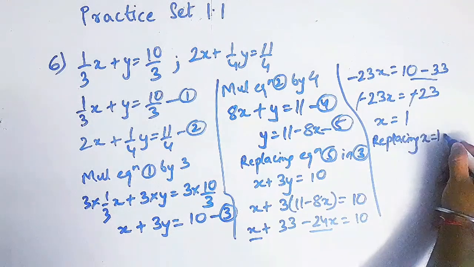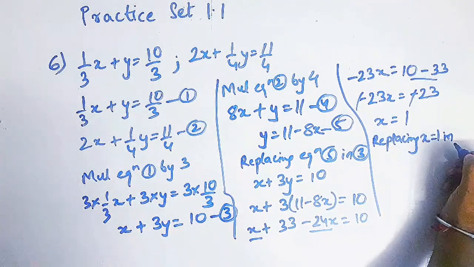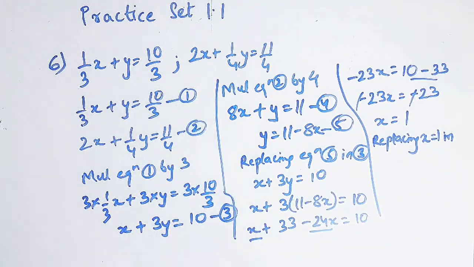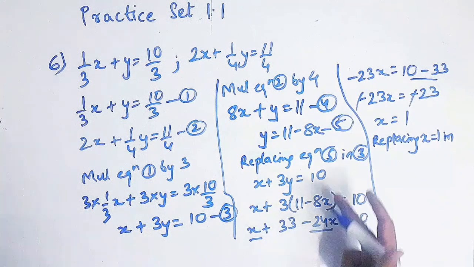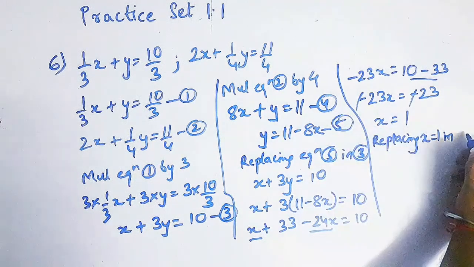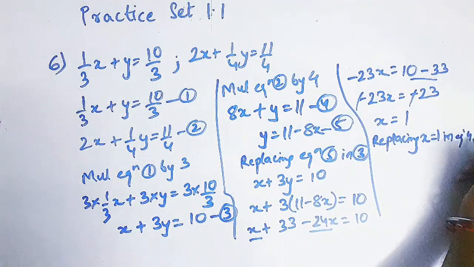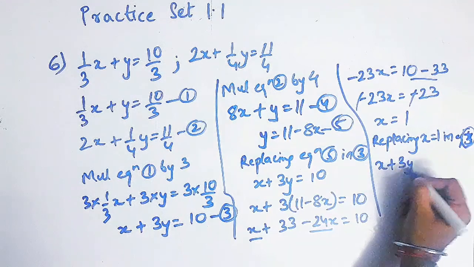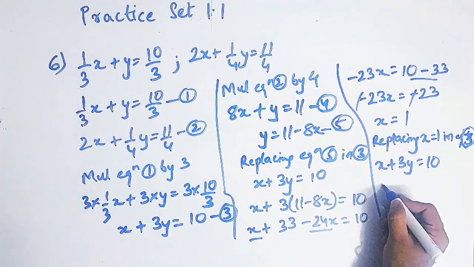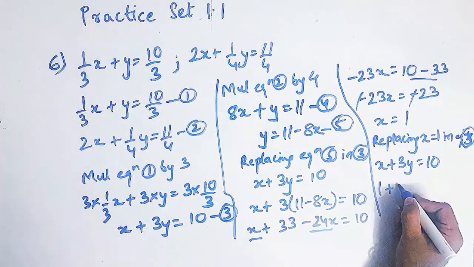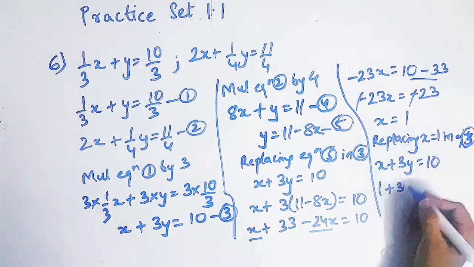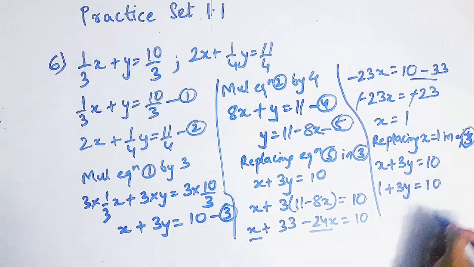Now very easy, replacing x equals 1 in which equation will you take? You will not take 1 and 2. Third you can take, it is easy. Fourth, fifth also you can take. So I am taking the third one. So x plus 3y equals 10, 1 plus 3y equals 10.